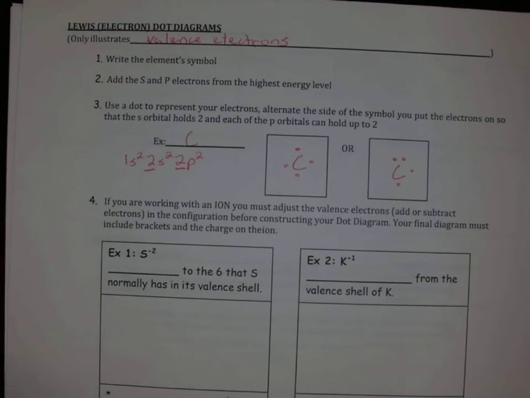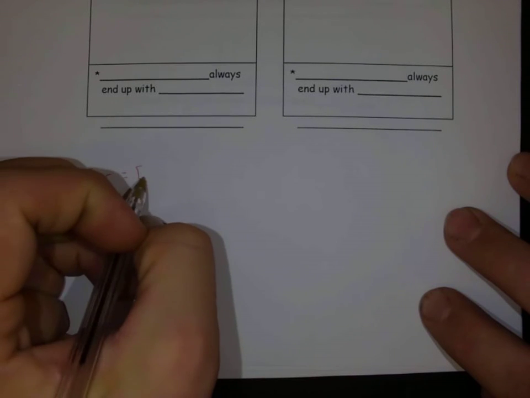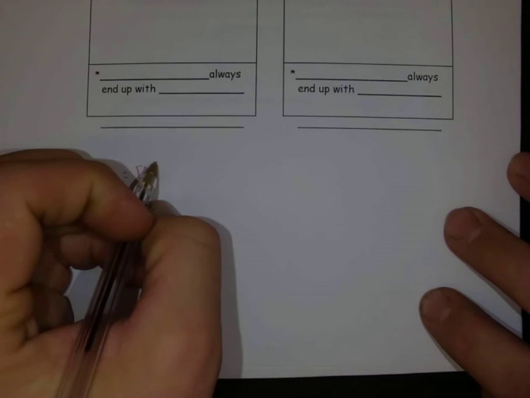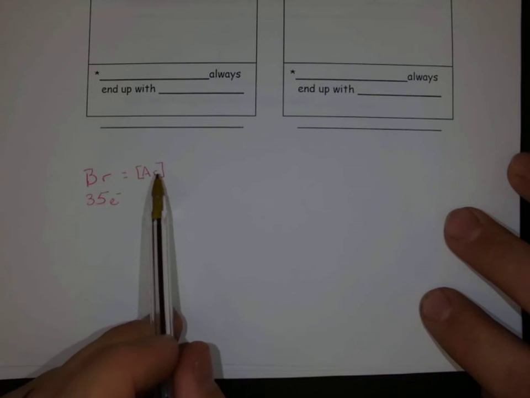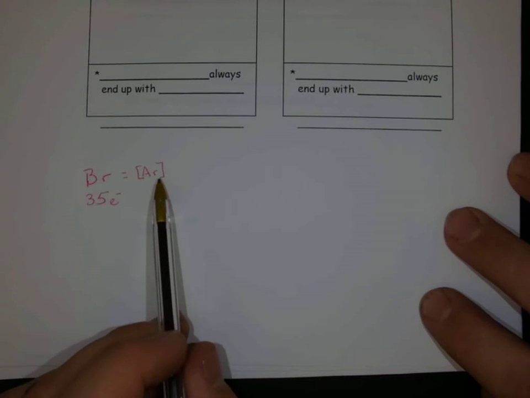So we're going to go down to the bottom here and do another example. What I'm going to do is bromine. A bromine atom would have 35 electrons. If I were to write my abbreviated electron configuration, I'm going to start from argon, the previous noble gas. It's got a noble gas or argon configuration, and then I'm going to start filling in.